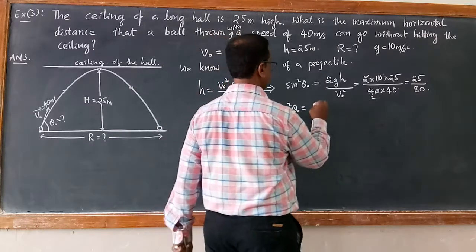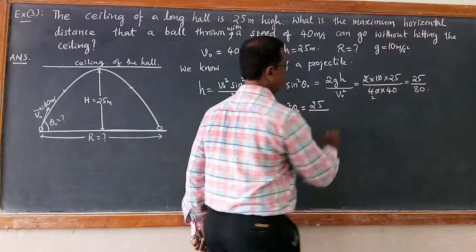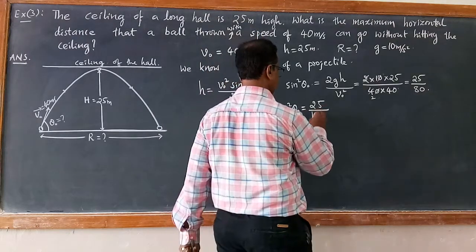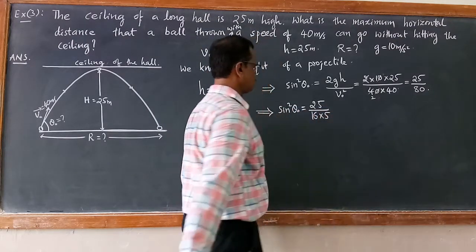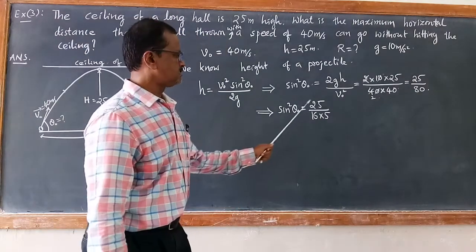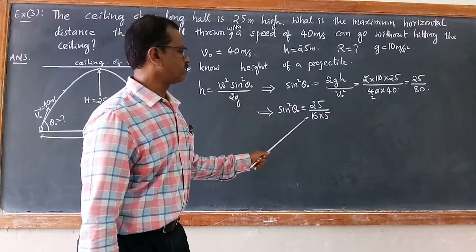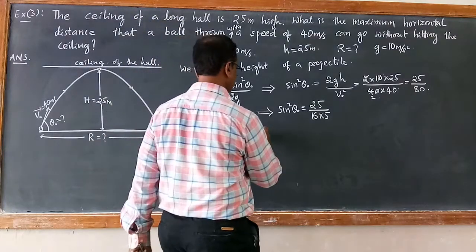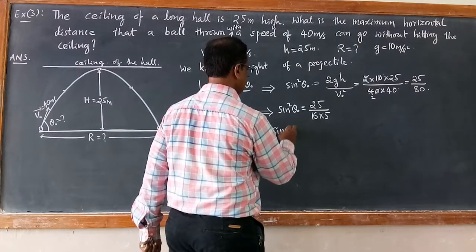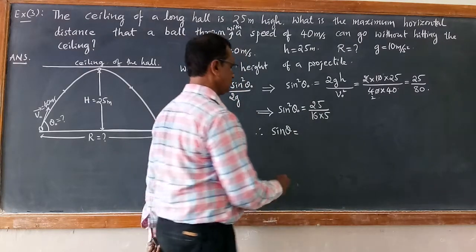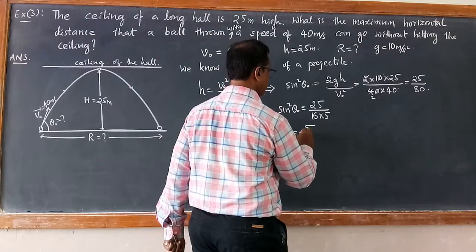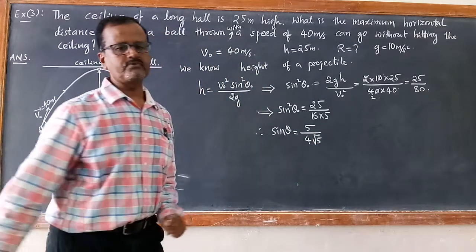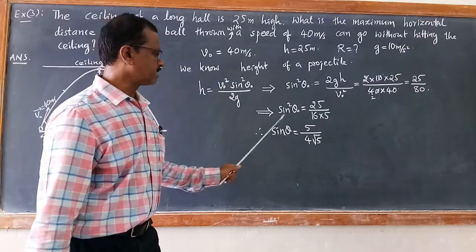Sin square theta naught is equal to 25 by 80. I will write 80 in the form of factors 16 into 5, so that if you take the square root, the square root of 25 is 5, the square root of 16 is 4. So I can write it easily. Therefore sin theta naught becomes 5 by 4 root 5.